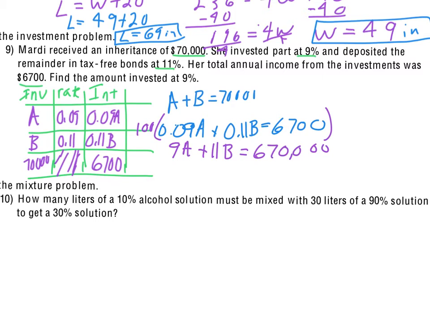I would solve this top equation. If we're trying to find the amount invested at 9%, I would solve it for B. So B would equal the 70,000 minus A. And so I can plug that in here for B.